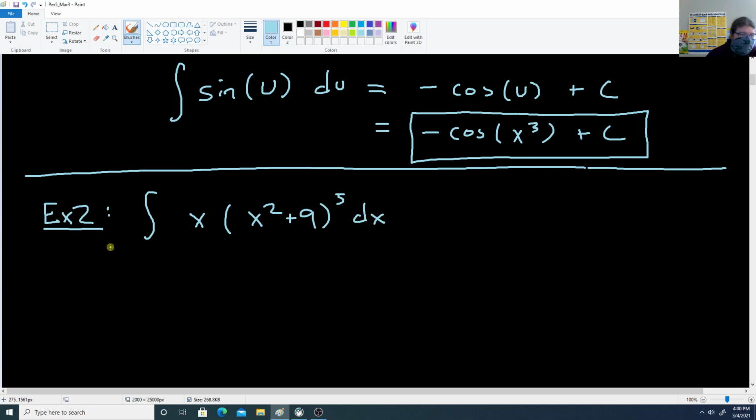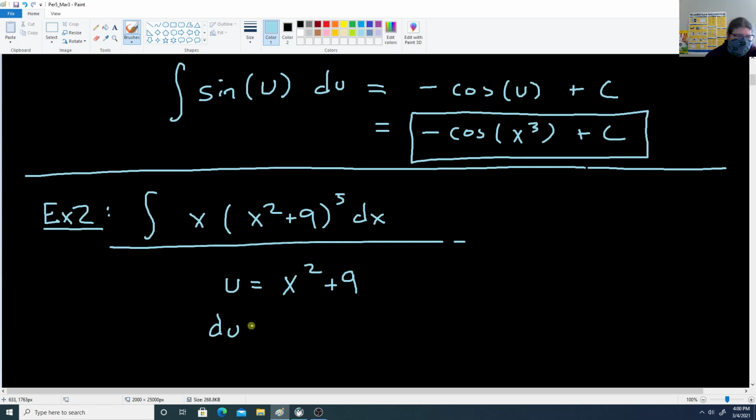We're going to let u be the inner part of the function from the chain rule. So we let u be the whole x squared plus 9 since that's being raised to the 5th power. The 5th power is the outer function, and the x squared plus 9 is our inner function. So to get du, I need to take the derivative of my inner part.